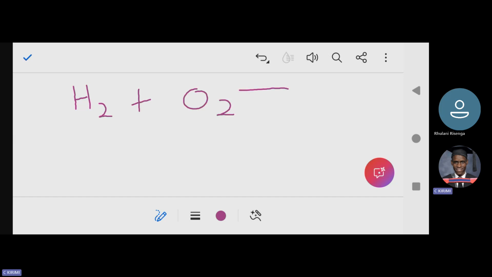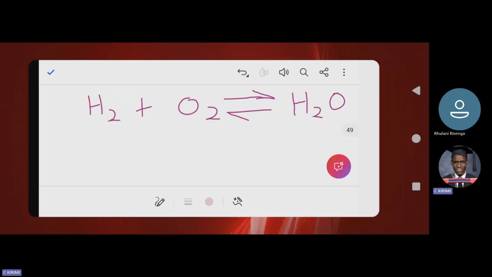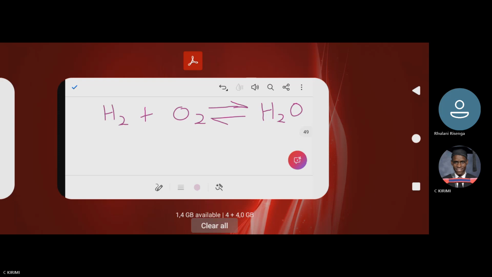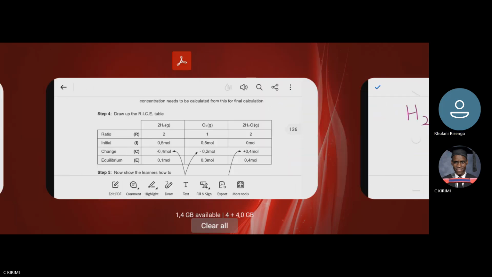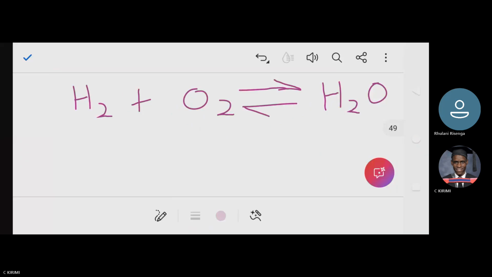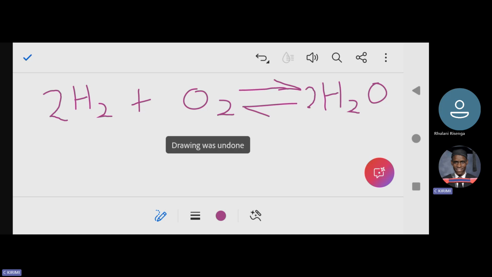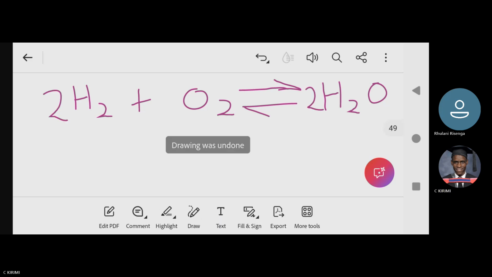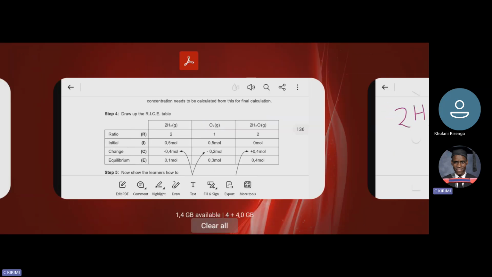And this reaction is reversible. Is it a reversible reaction? Yes. Then you have the reaction, 2 hydrogens and 2 here, the coefficients. So 2, 2. Then the reaction is balanced.